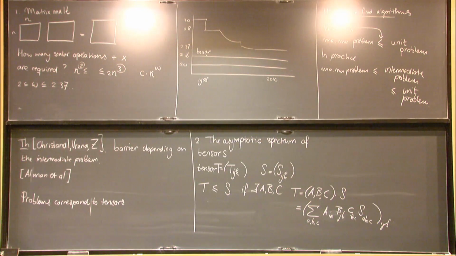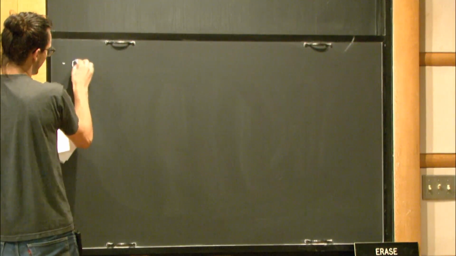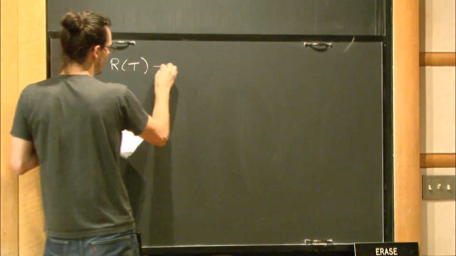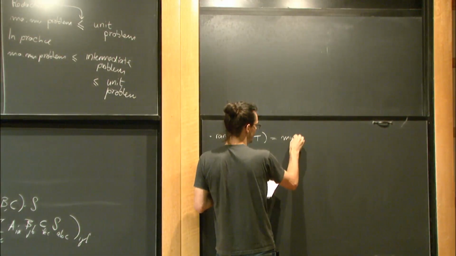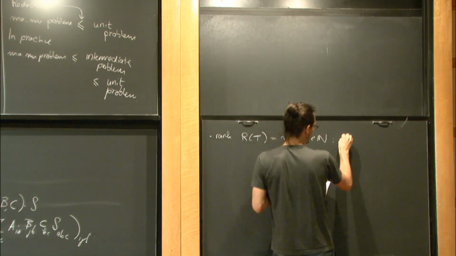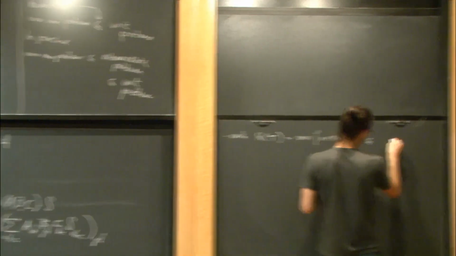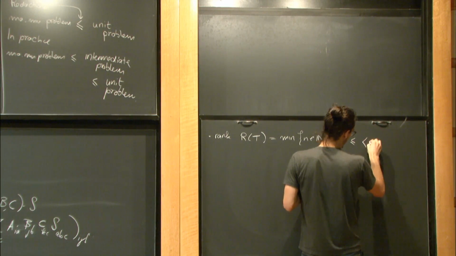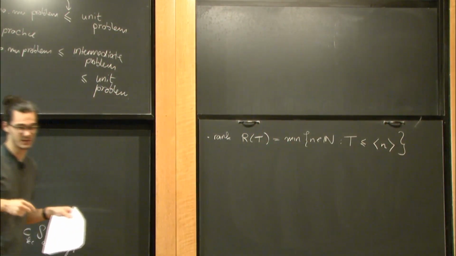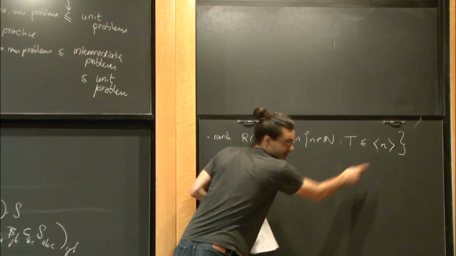All right. So this definition made a lot of sense because you can define the tensor rank with this notion. So the tensor rank is the minimum number n such that your tensor is smaller than the n by n by n diagonal tensor with ones on the main diagonal, which I denote like this.